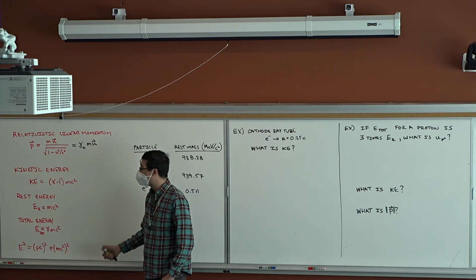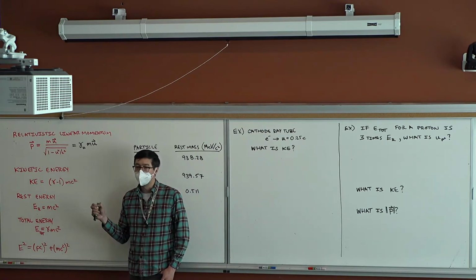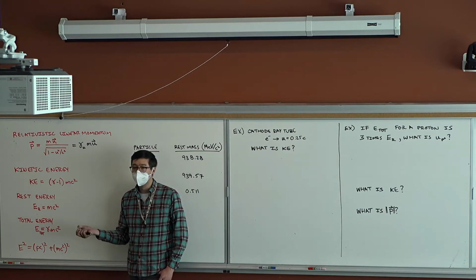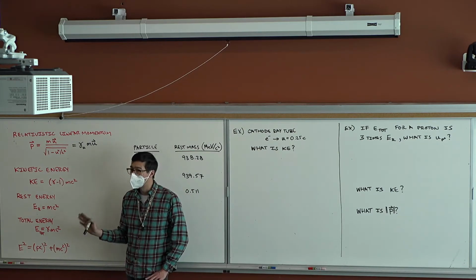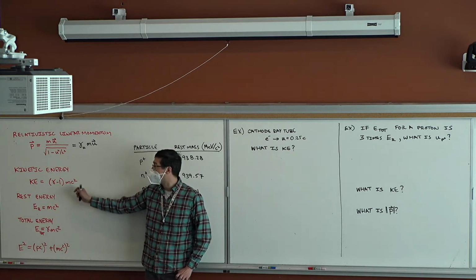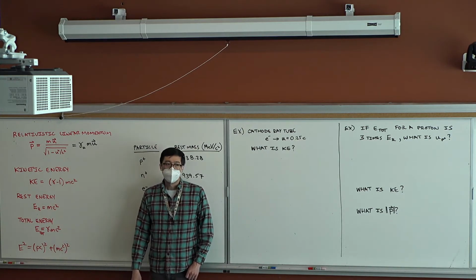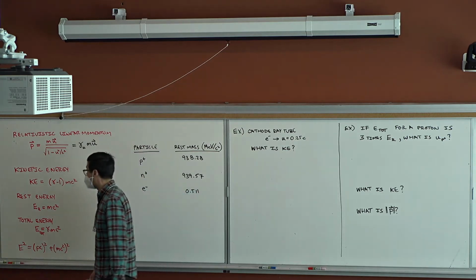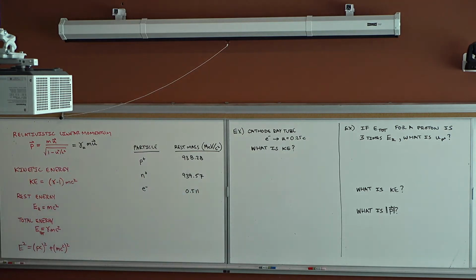But that is only true where u is much, much less than c. Is that also all right? We're going to take a look at that in lecture when we actually take a shot at deriving that, or at least justifying it.